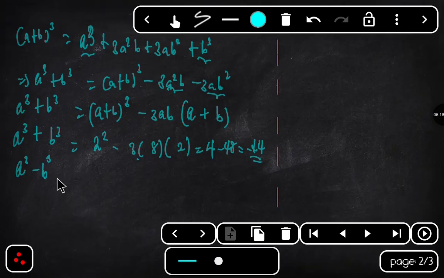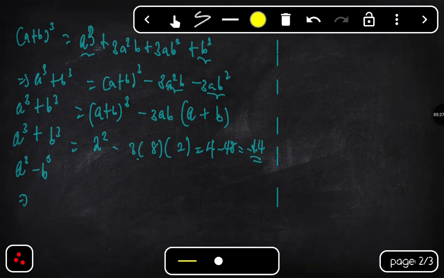So how can we solve this one? So if you expand, let me use another ink for that. If we expand a minus b to the third power, this will give us a raised to the power of 3, then minus 3a squared b plus 3ab squared, okay, then minus b raised to the power of 3.